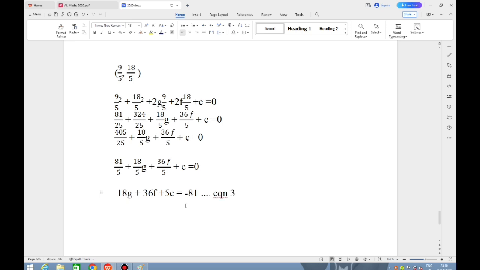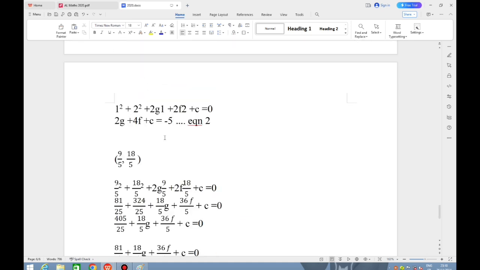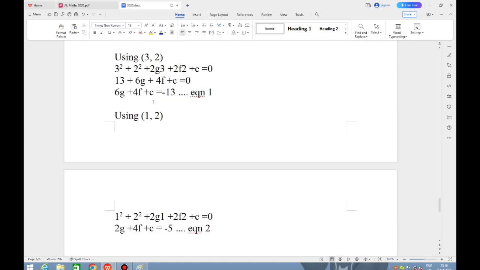So that's it for all the 3 equations you need. Looking at equation 1 and equation 2, you see that in equation 1 the coefficient of C is 1.